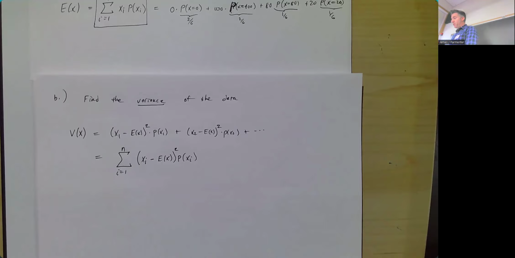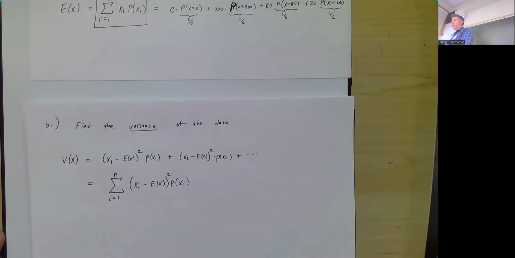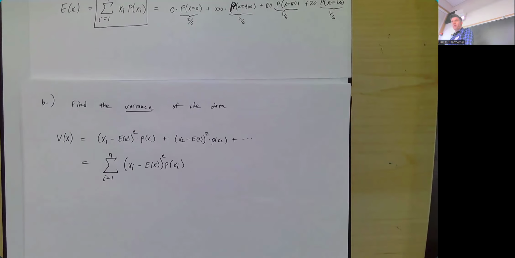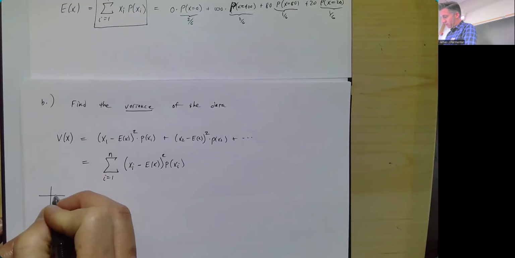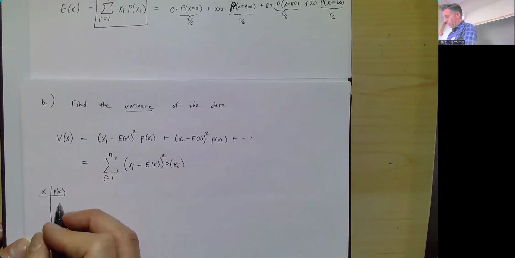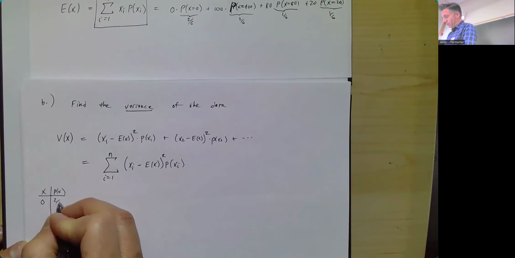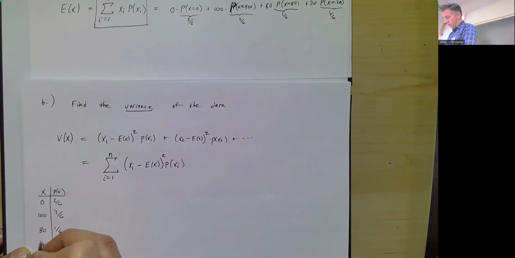In this particular example, our scores were 0, 100, 80, and 20, and our average is 50. So we make a little table here, our x's and our probability of x's. We had a score of 0 and the probability was 2/6. Score of 100, the probability was 2/6. The score of 80, the probability was 1/6, and score of 20, which is also 1/6.